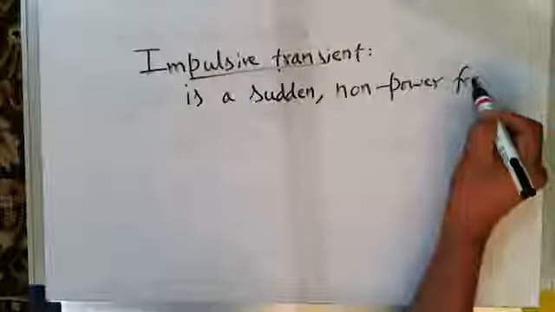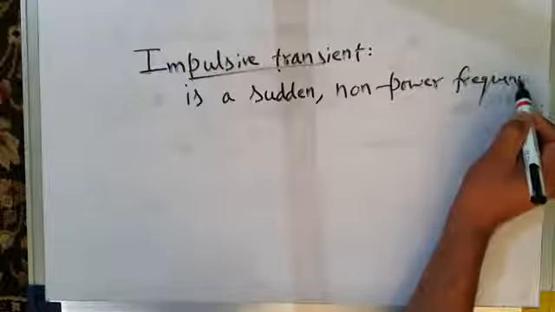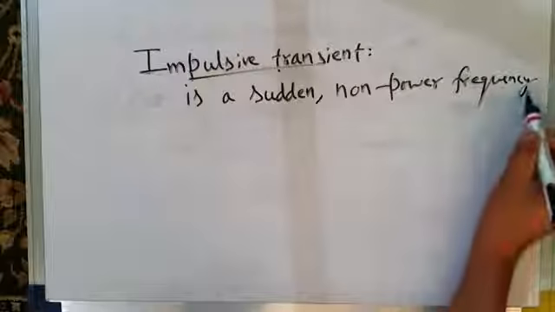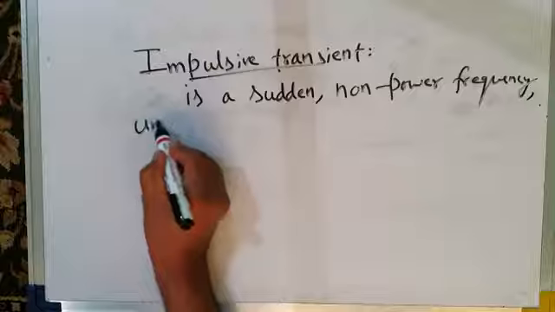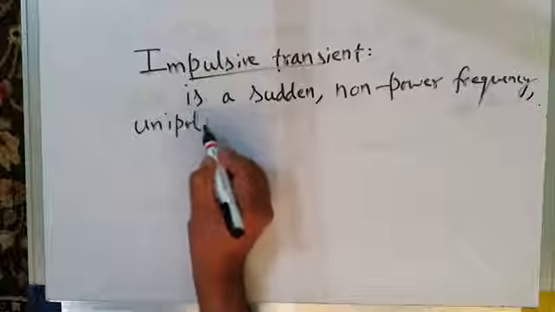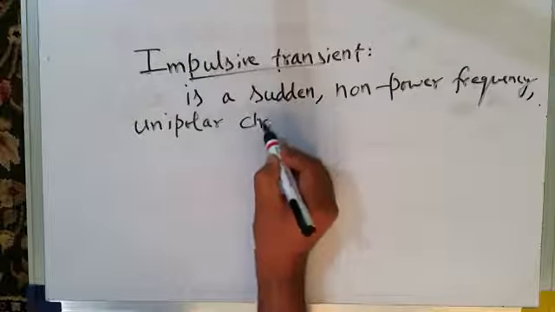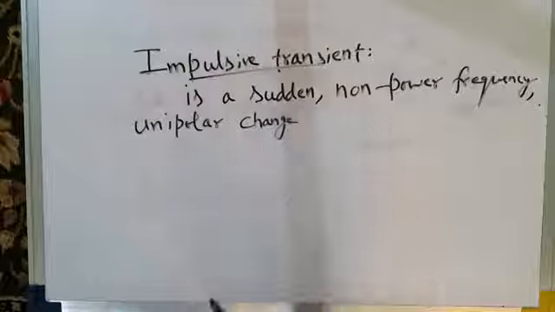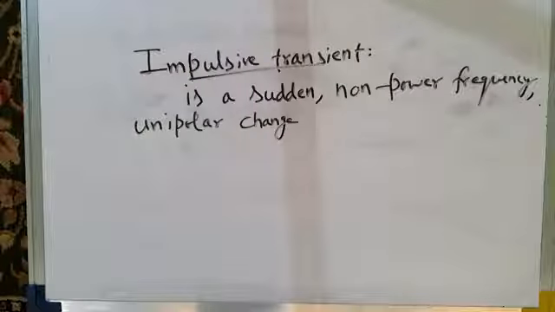Non-power frequency means it is not 50 hertz. This change does not take place at 50 hertz, and it is a unipolar change. Unipolar change means a transient may be either a positive transient or a negative transient. So that's called unipolar change.